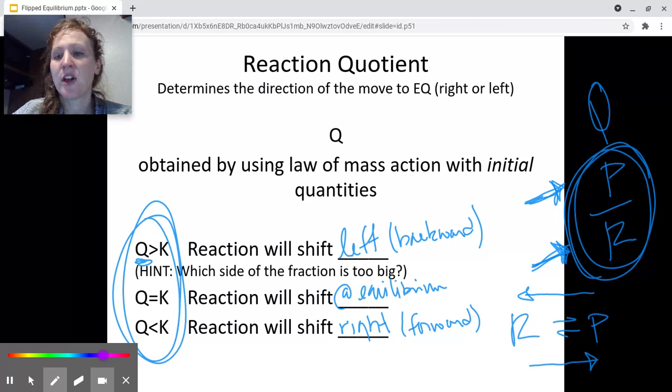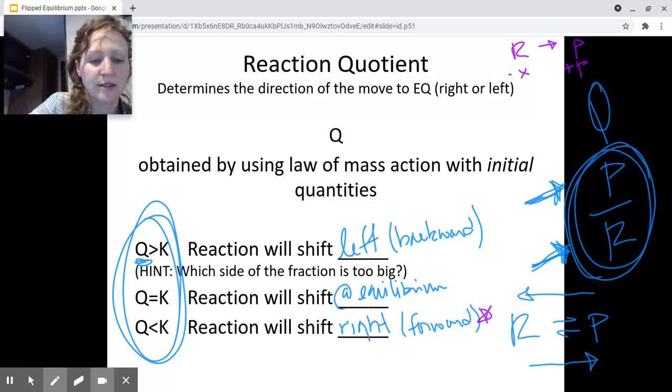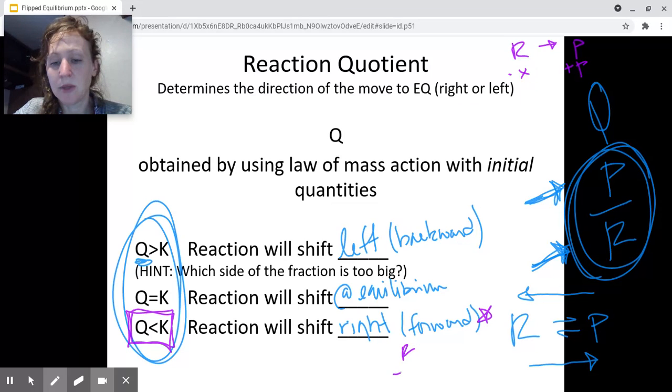If you have reactants going to products, well, your reactants are going to be used. You're going to lose reactants and gain products. So that's this second case. If we're in the third case, if we're forming products, Q needs to get bigger. Products need to form. Your change for the reactants is going to be negative. Your change for the products is going to be positive.